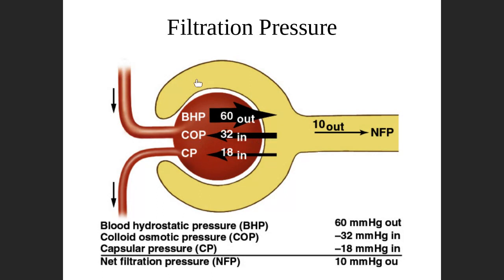And there is also fluid in the capsular space over here. Now that fluid can push, through hydrostatic pressure, the fluid back into the glomerulus. So the 60 is opposed by these two pressures. So the net, we call it the net filtration pressure, is about 10 millimeters of mercury out.